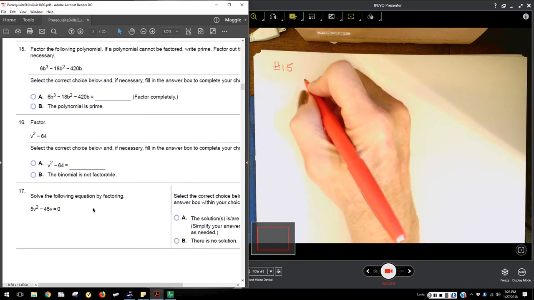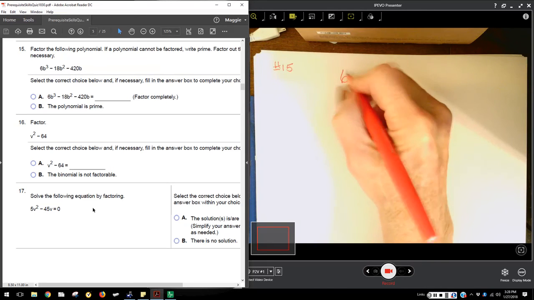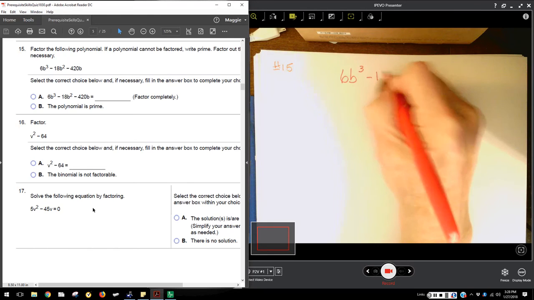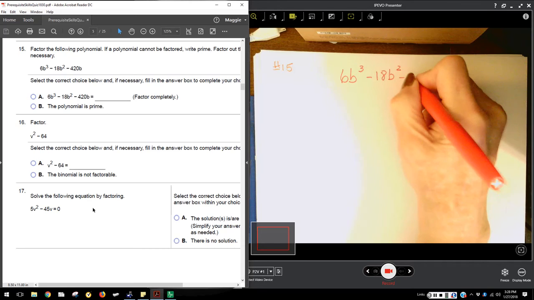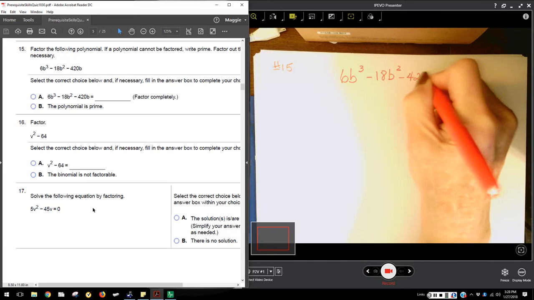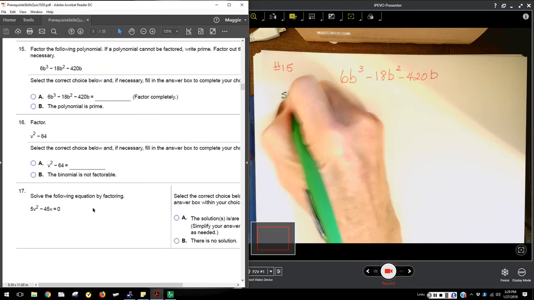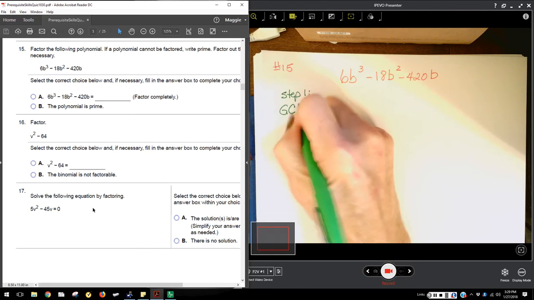So what we have here is the polynomial 6b to the third power minus 18b to the second power minus 420b. And our first step, step 1, is to find the greatest common factor.